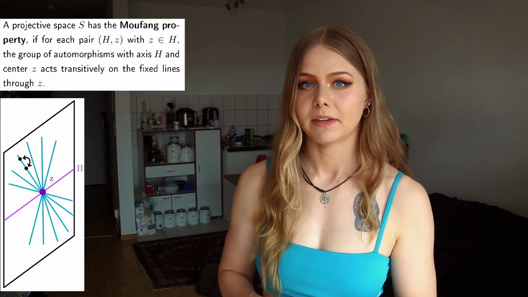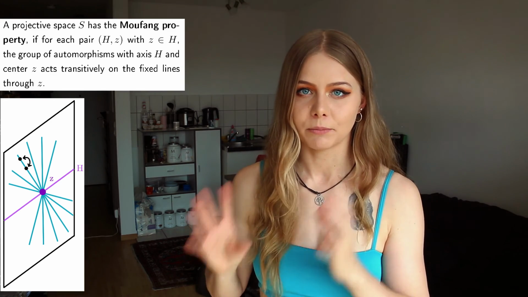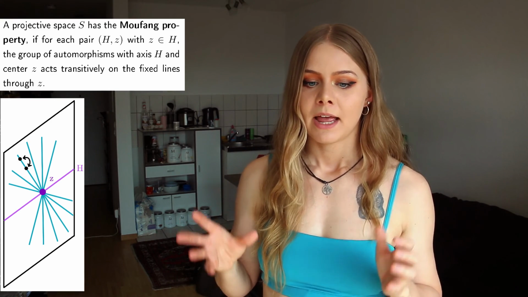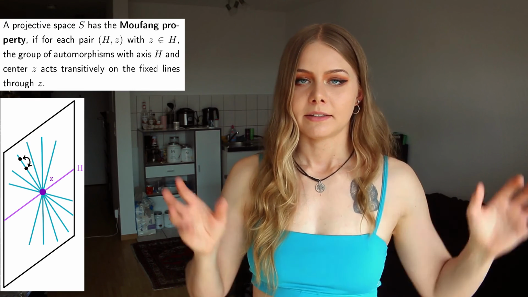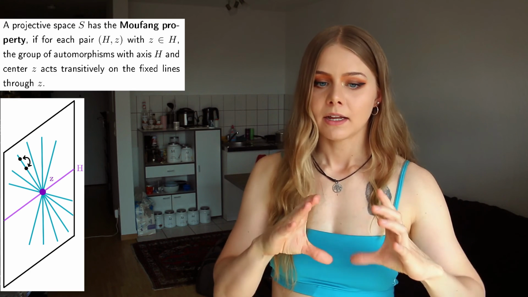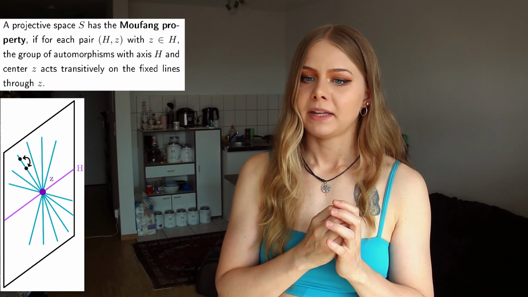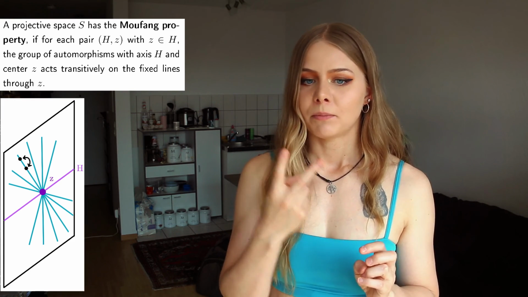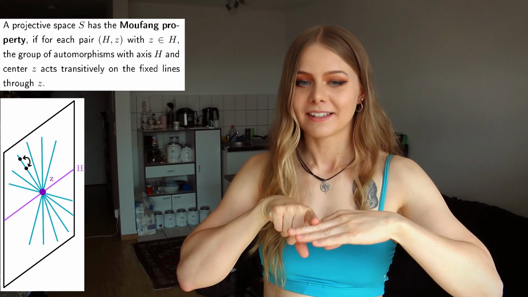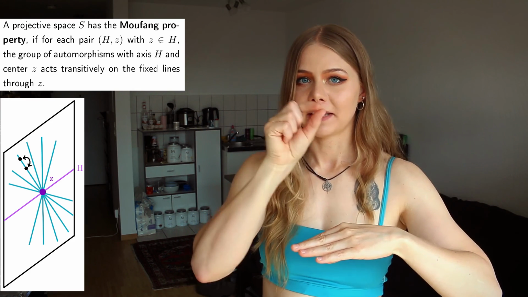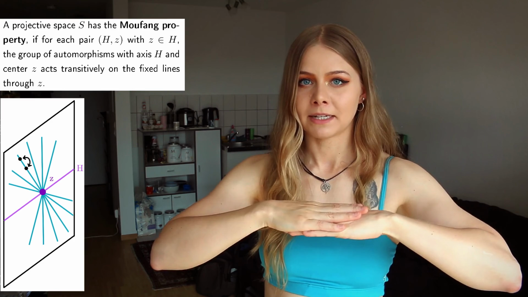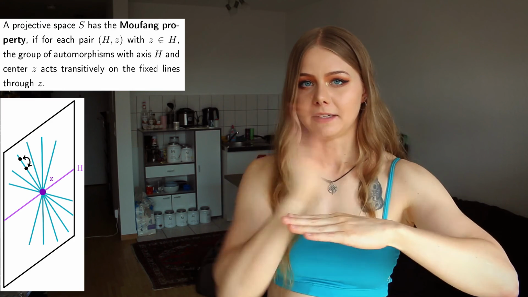So if you want to show that a projective plane in a projective space has the Moufang property, you have to find or construct these nice automorphisms. And for that you can just take an arbitrary pair of a line and a point, with the point lying on that line, and then you pick two arbitrary points on an arbitrary line through that point, and try to find an automorphism that moves the one point to the other point, fixes every point on the line pointwise and every line through the point on the line line-wise.